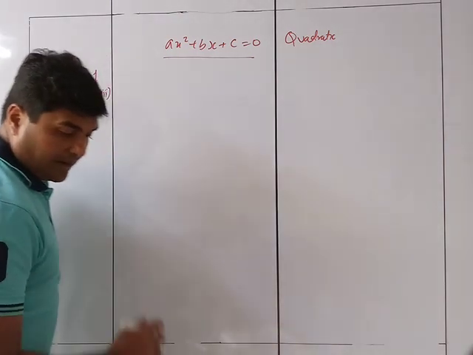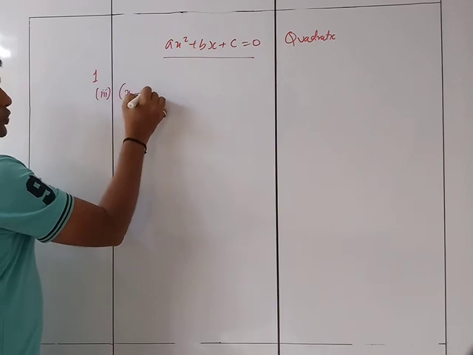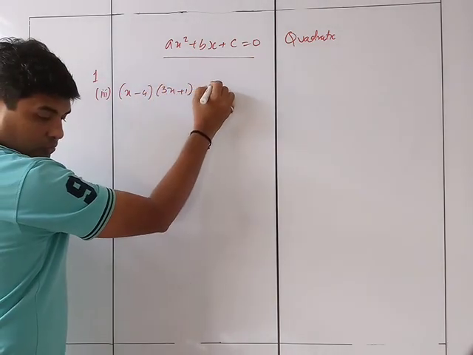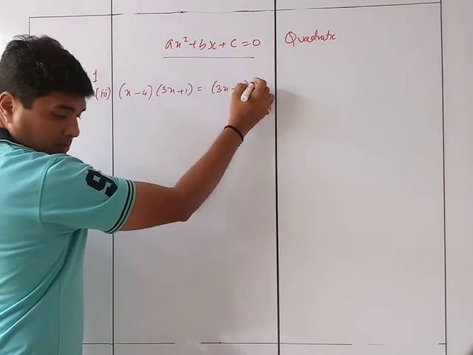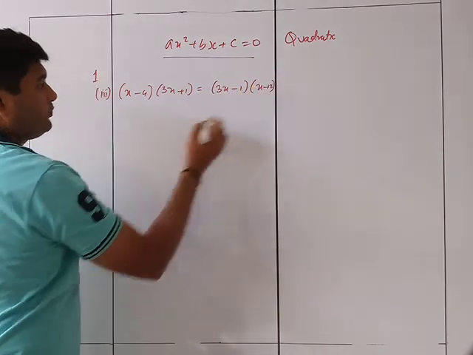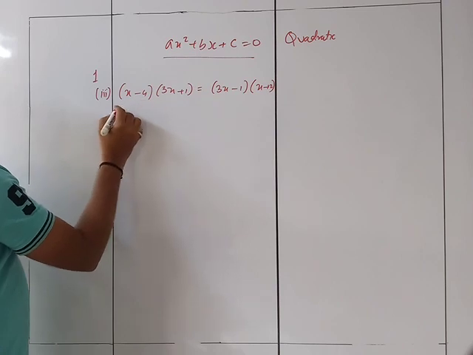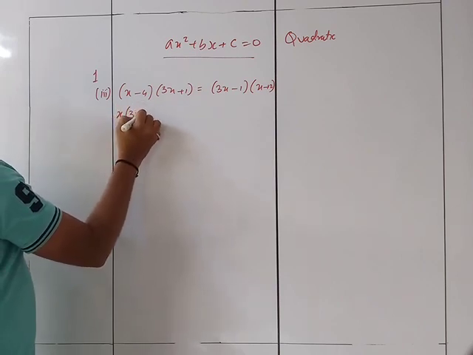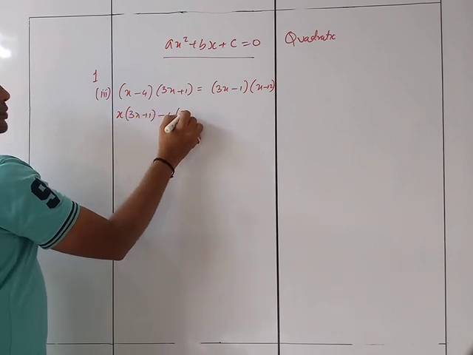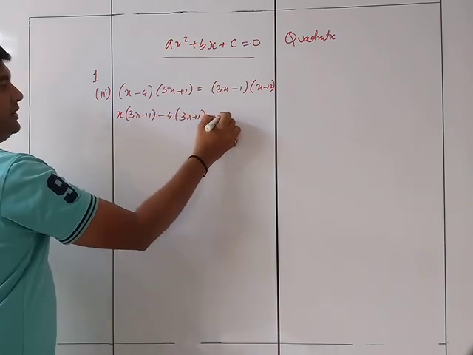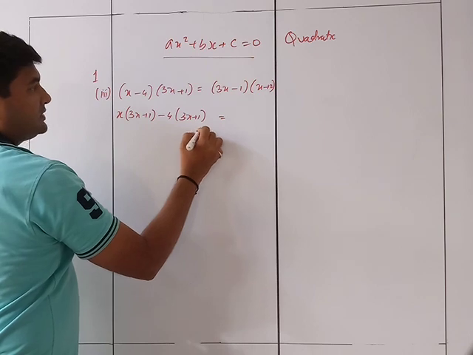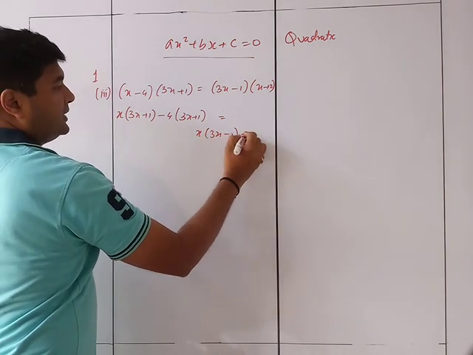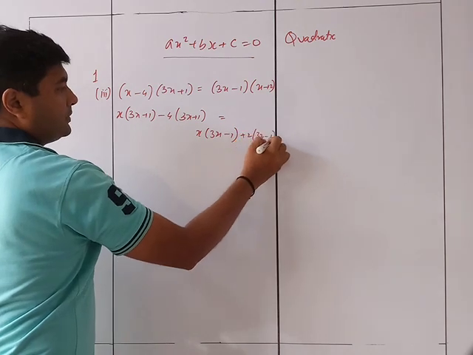Okay, so let's see the third sum. We have x minus 4 into 3x plus 1 is equal to 3x minus 1 and x plus 2. Multiplying this, we get x into 3x plus 1 minus 4 into 3x plus 1 is equal to x into 3x minus 1 plus 2 into 3x minus 1.